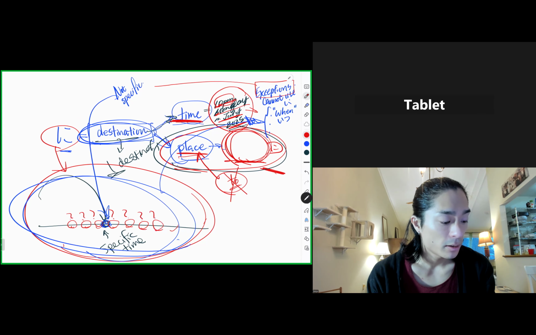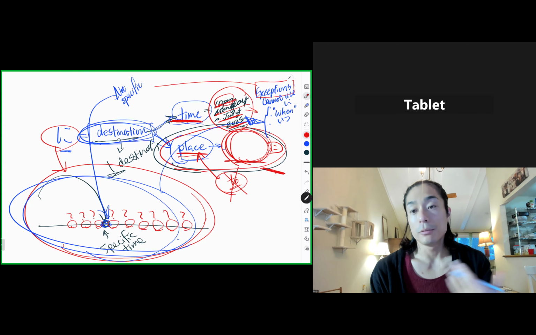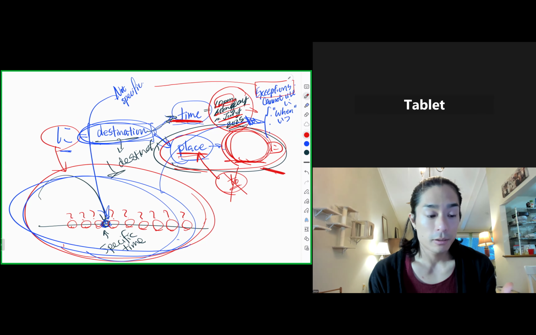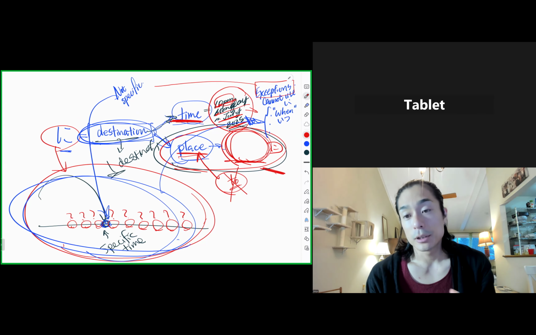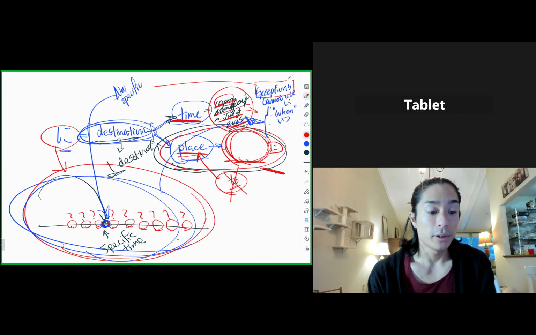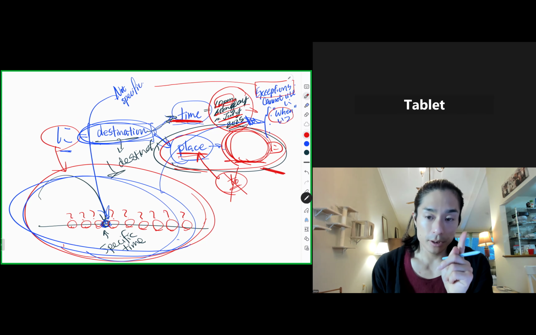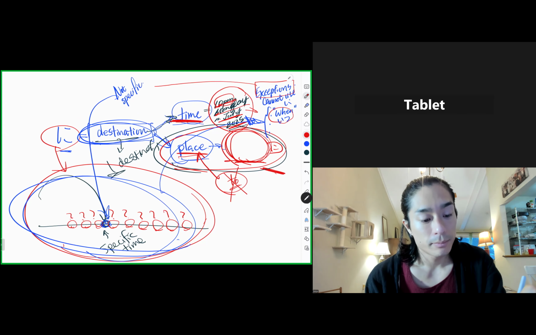It's not one specific destination. Because of that, we cannot use ni. Then you might wonder, do we put a different particle instead? No, we just simply don't use any particle. So just itsu. That's the first one.